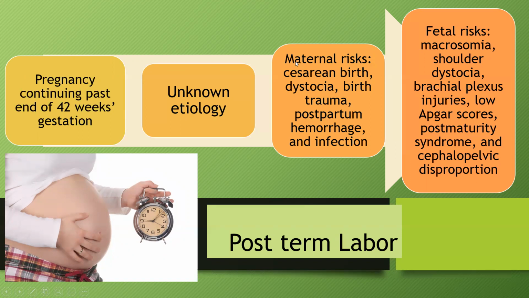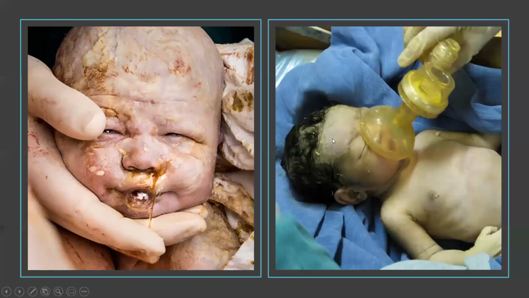Some of the other things that we're concerned about are fetal macrosomia, the shoulders getting too big, and also infection, and making sure that the placenta is still functioning. We do that by our biophysical profile, NSTs, and frequent kick count assessment. This is a picture of the meconium from an older baby, and sometimes this meconium can cause issues.